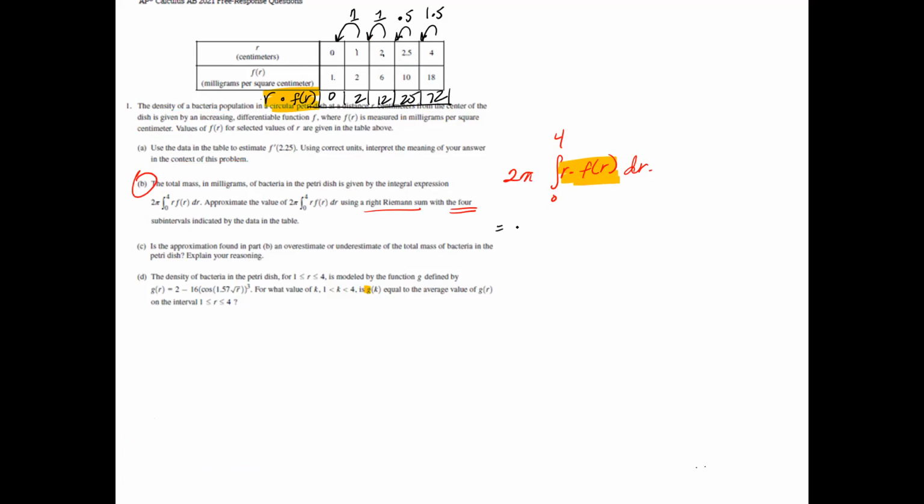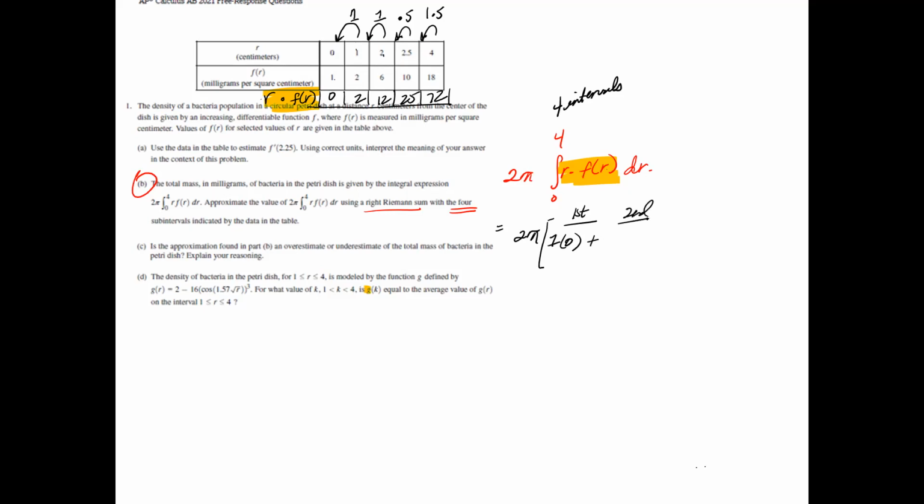All right, so then that's going to be equal to 2 pi. To get rid of this integral from 0 to 4, we're going to have to do this with 4 intervals. So I'm going to do this 4 times. So that's going to be multiplied by, here is the first interval. Your first interval is r times f of r, which is 0, times the distance between 1 and 0, which is 1.